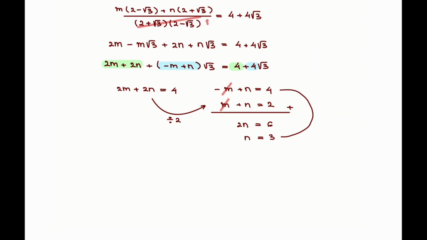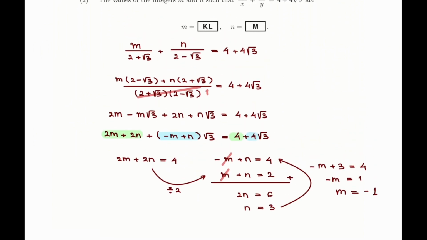If I substitute n there, I will get negative m plus 3 is equal to 4, then negative m is equal to 1, then m is equal to negative 1. So my final answer for m is negative 1, and then n is equal to 3.